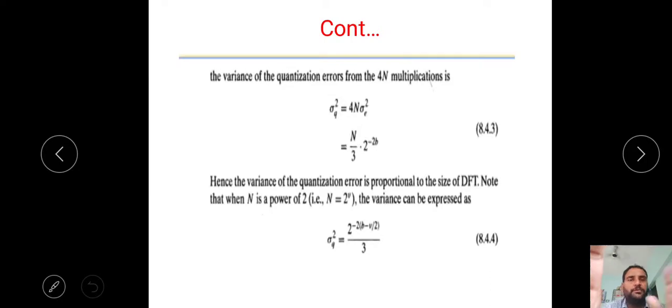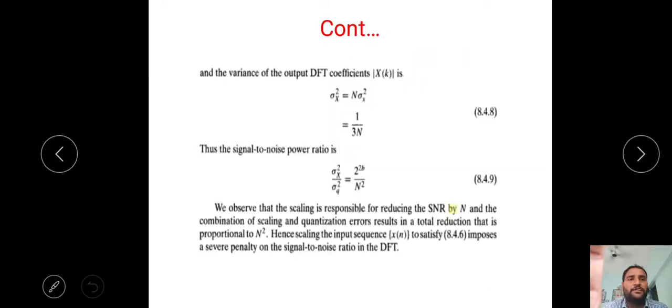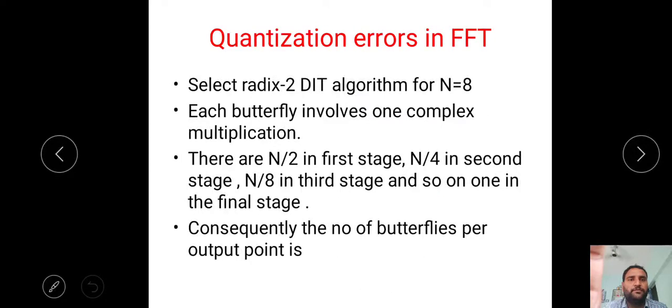These are some major formulas in quantization errors. Here the main problem is, if the signal is real valued, it is very easy to find the fast Fourier transform algorithm or direct method. If the signal is complex, we get quantization errors.